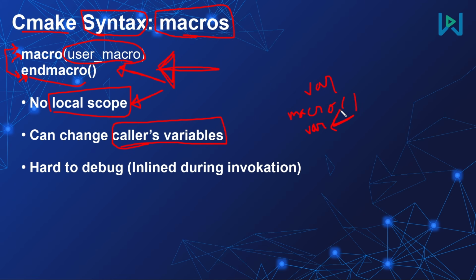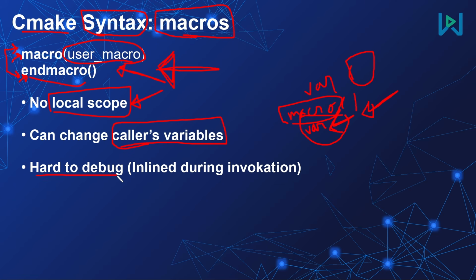So this new value will be assigned by our macro. And this is simple because we don't have any local scope for macros. So the internal scope of the macro is the same as the caller's. And this is, by the way, different from function definitions within CMake.